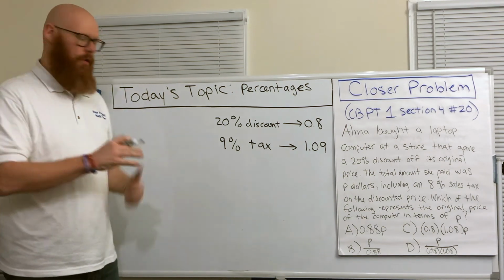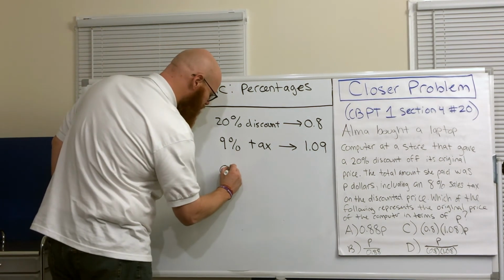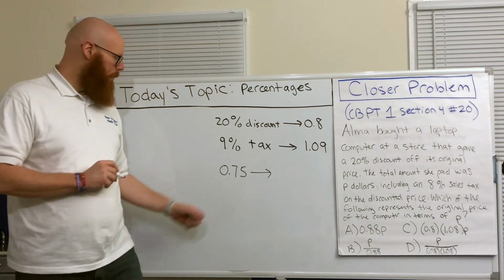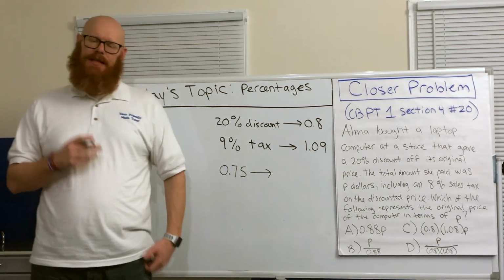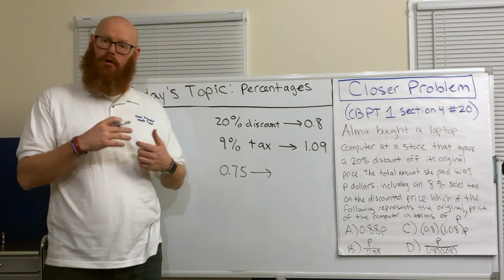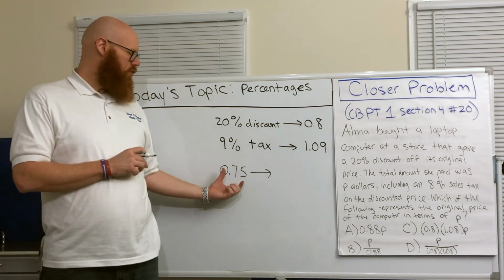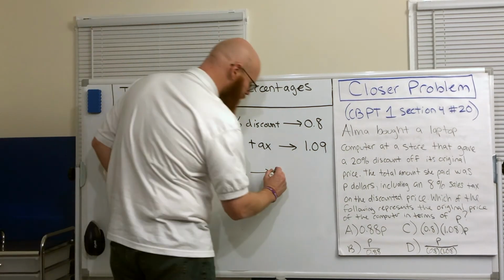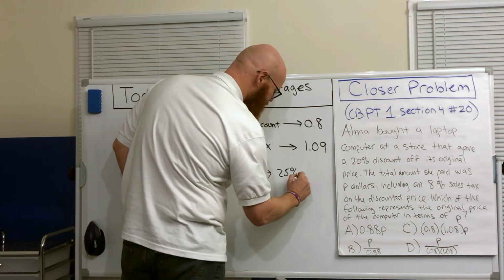Let's say we solve an equation and we get the decimal 0.75. We have to know what that means. We might just think, oh, that means 75%, but that's not really what it means. It's less than 1, so it's a discount or a decrease, but it's 25% less than 100%. So this would actually be a 25% decrease.